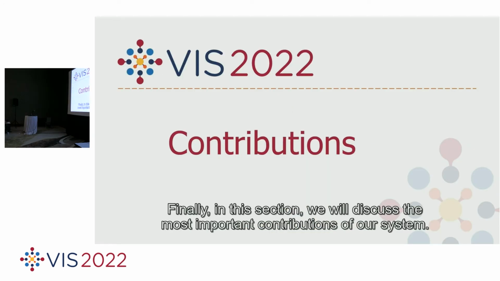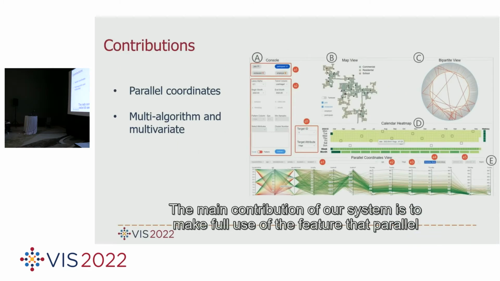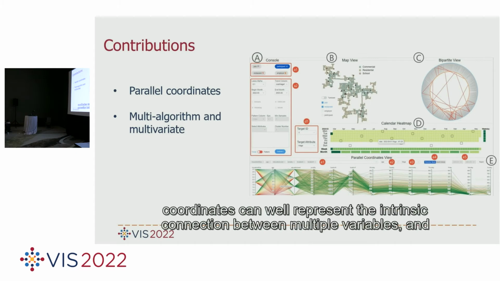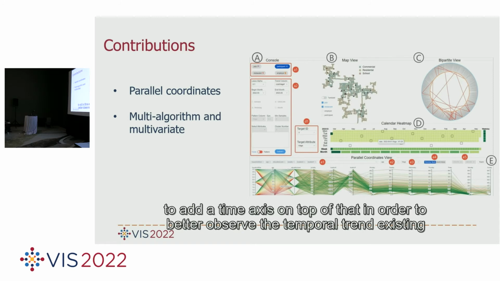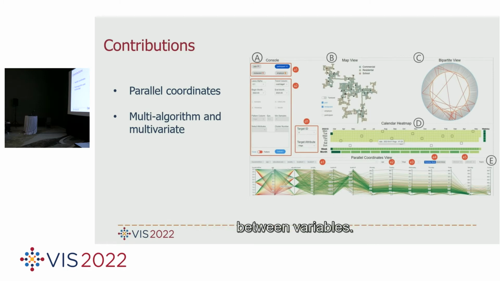Finally, in this section, we will discuss the most important contributions of our system. The main contribution of our system is to make full use of the feature that parallel coordinates can well represent the intrinsic connection between multiple variables, and to add a time axis on top of that, in order to better observe the temporal trend existing between variables.